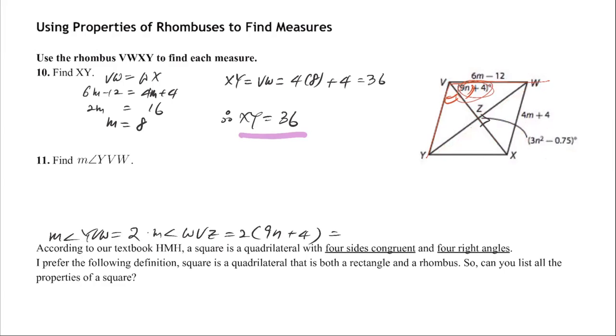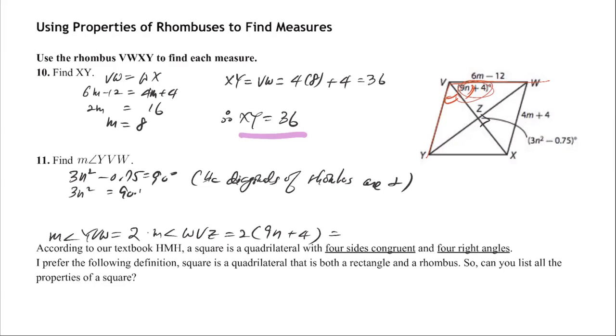So we could say that 3n squared minus 0.75 is equal to 90 degrees, right? Because if I ask you for a reason, you have to be able to state it, because the diagonals of a rhombus are perpendicular.